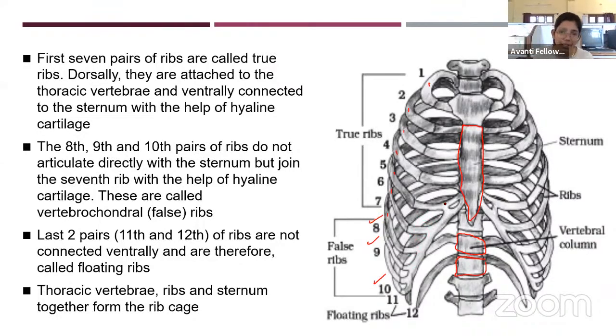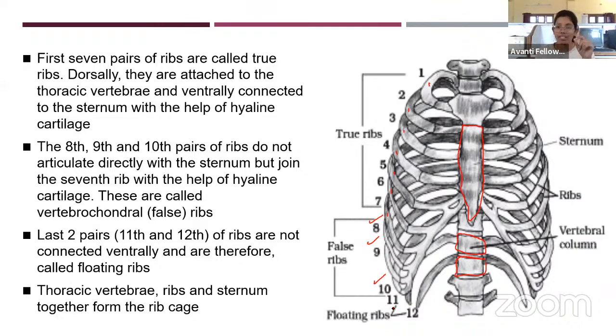Directly, they will not attach to the sternum, but they attach to the 7th rib so that the 7th rib will go and attach to the sternum. That is why these 3 are called false ribs.